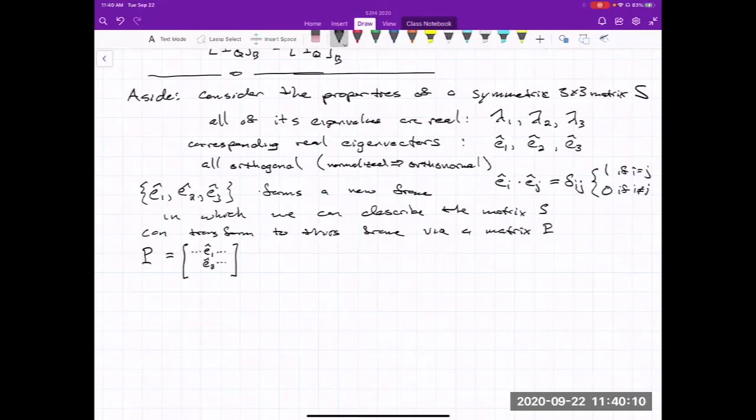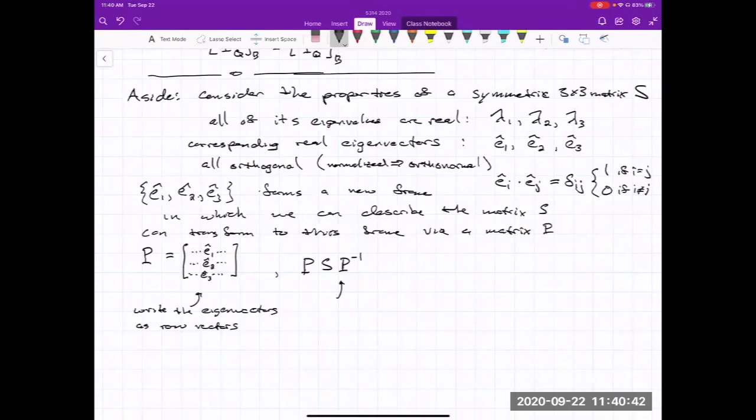That's why these little dashes going horizontally mean we write the eigenvectors as row vectors. Then if we were to take P, S, P inverse, and what is P inverse?